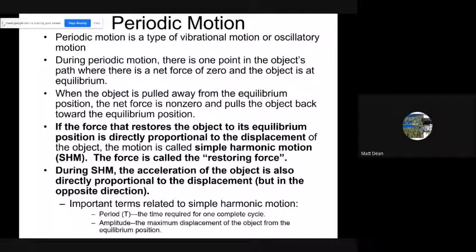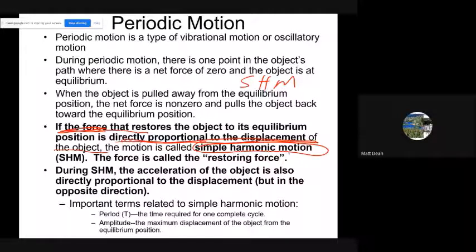So here's the definition of simple harmonic motion. If that force, that restoring force that we talked about a minute ago, is directly proportional to the displacement of the object away from equilibrium, the motion we get is called simple harmonic motion. You'll see it abbreviated SHM. It's only simple harmonic motion if the restoring force is proportional to the displacement away from equilibrium.